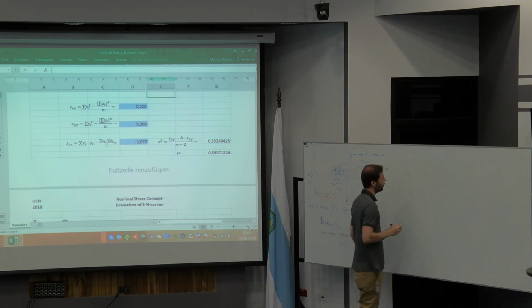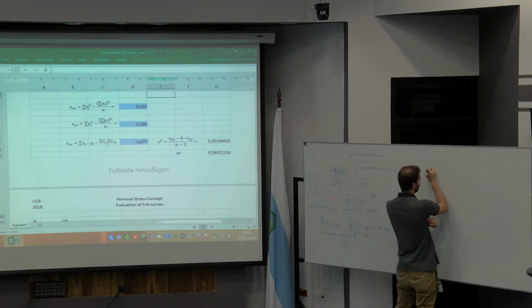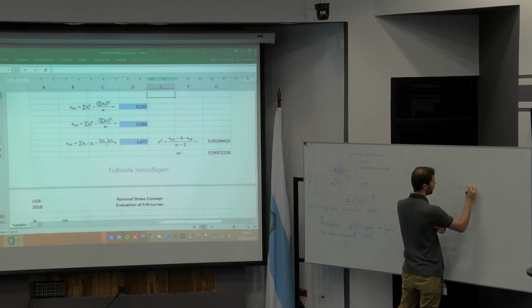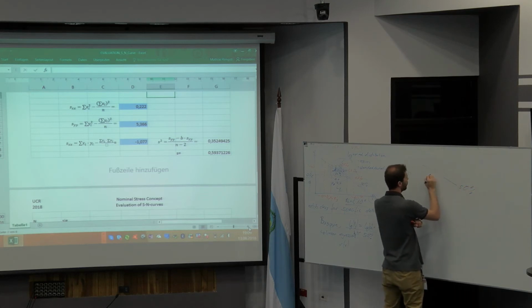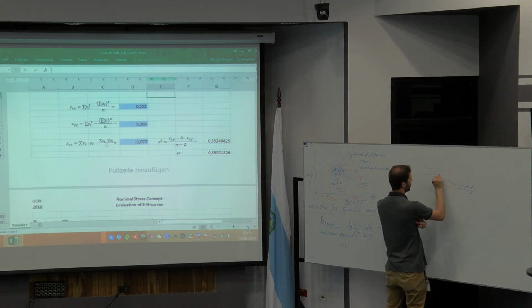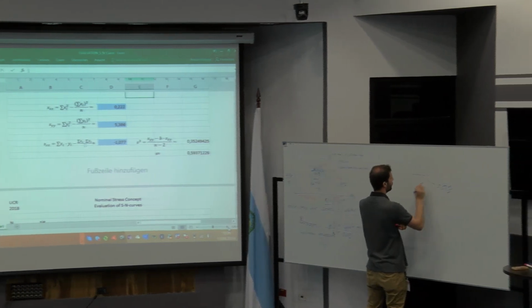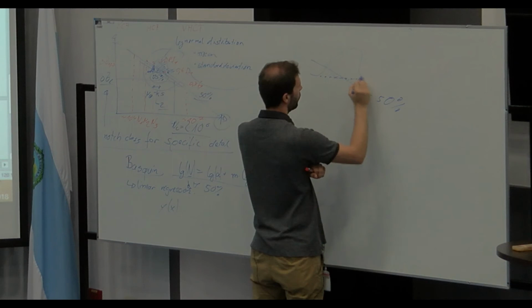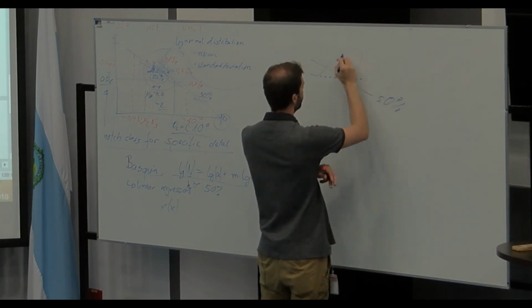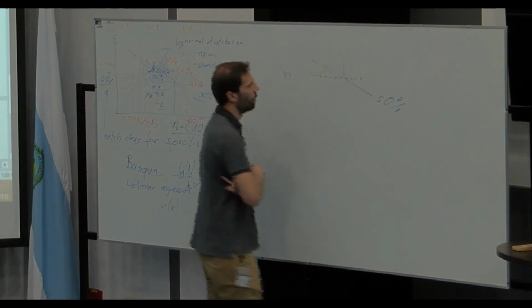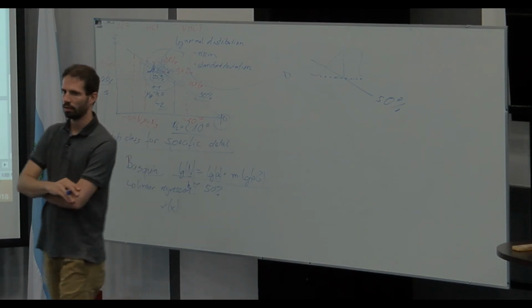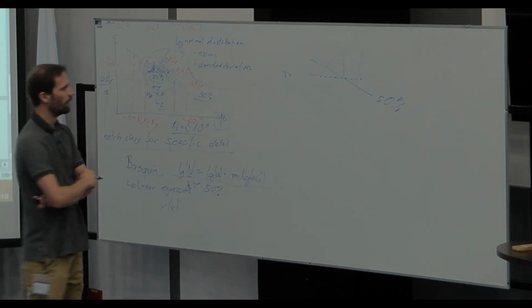If you take this point out, we have here our 50% curve. We have here our dots. So this is our fatigue testing information. And we have here our log normal distribution.